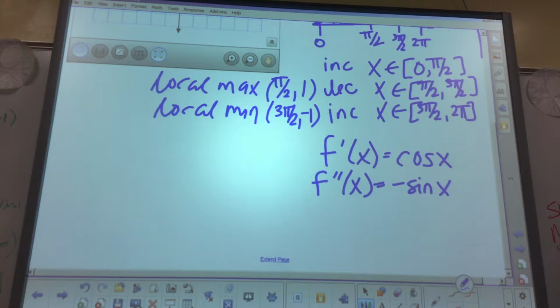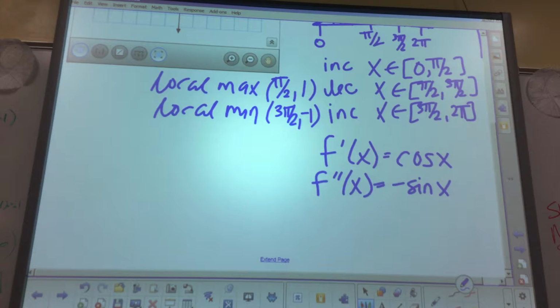Okay, so this is going to be 0 at 0 and 2 pi, correct? Yes. Because remember, if we're thinking graphically, the negative means that the sine function has reflected across.